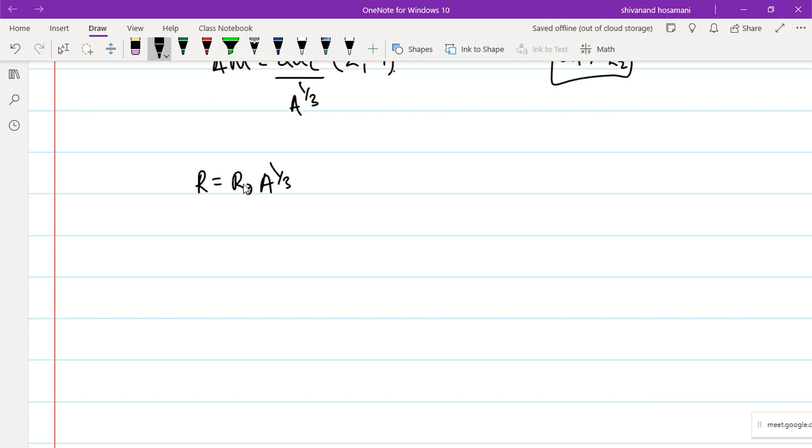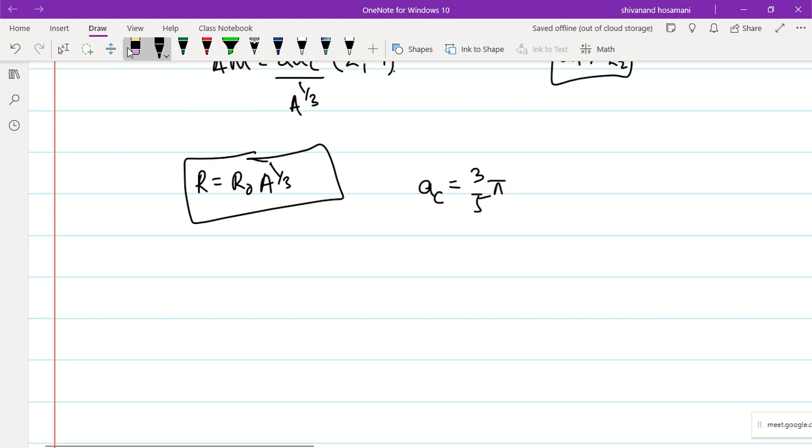So by using these two equations, we can calculate the radius of the nucleus, using the atomic mass value A.